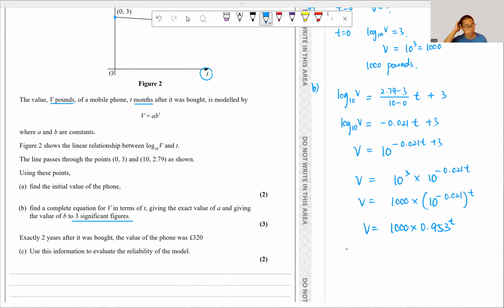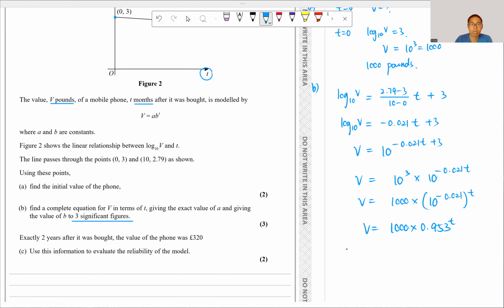And then part C: exactly 2 years after it was bought, the value of the fund was 320. Use this information to evaluate the reliability of the model. Normally for this type of question, we just have to check the value exactly 2 years after it was bought and compare it with the value they gave you, 320, to see whether they are close or far away from each other.